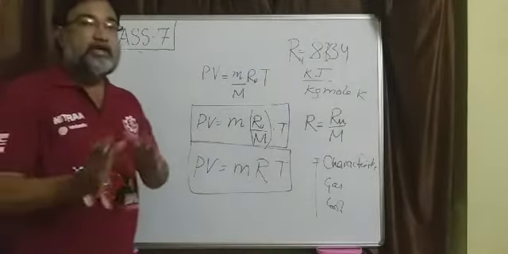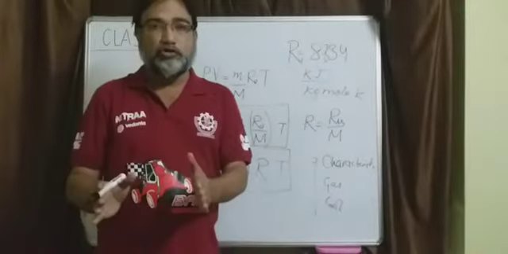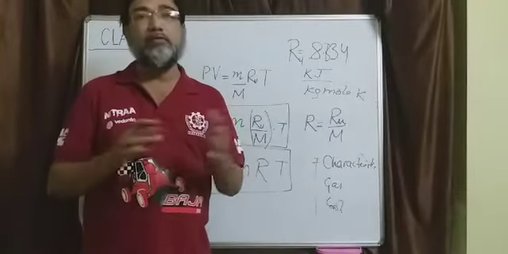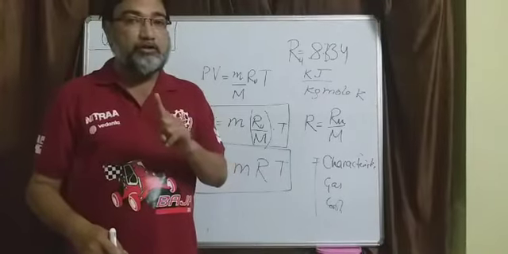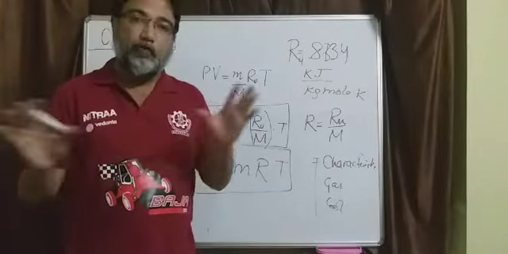That means if you change the gas, if first you have taken oxygen, then you are taking nitrogen, then the R value will change. But universal gas constant value doesn't change. It is 8.314 for all.